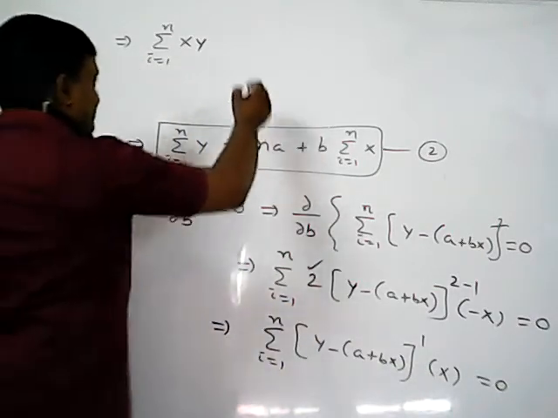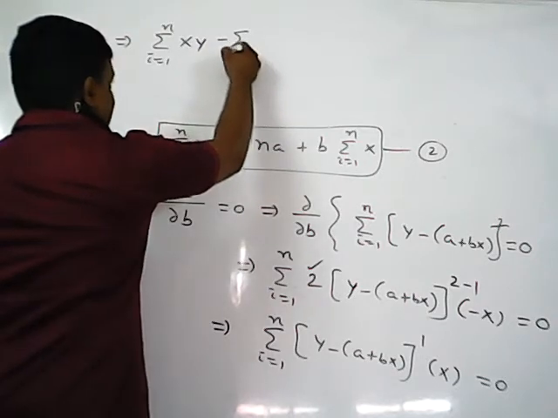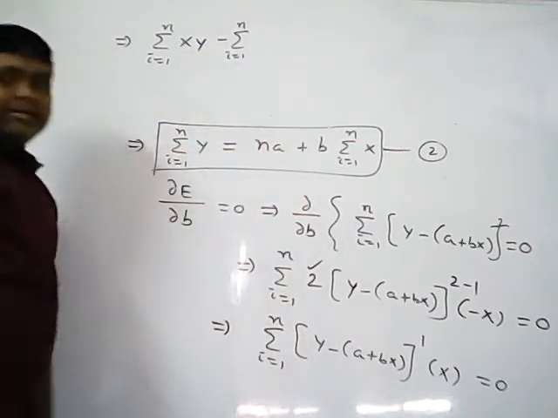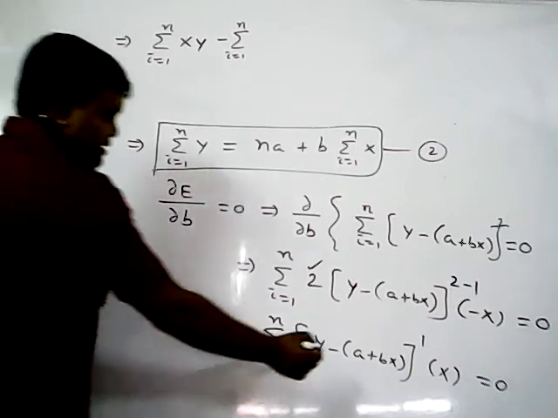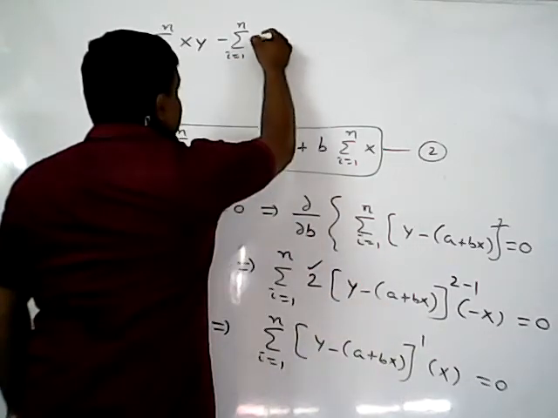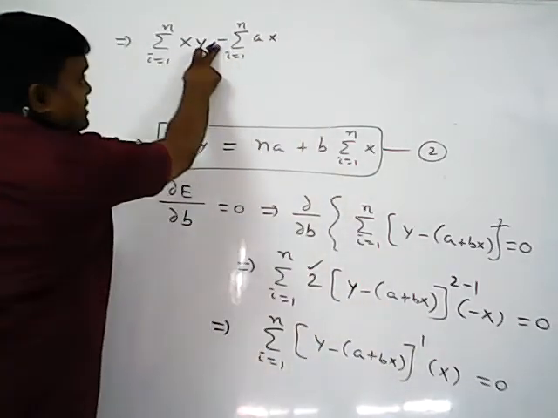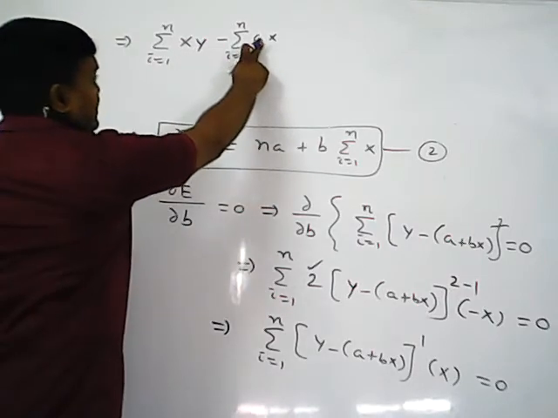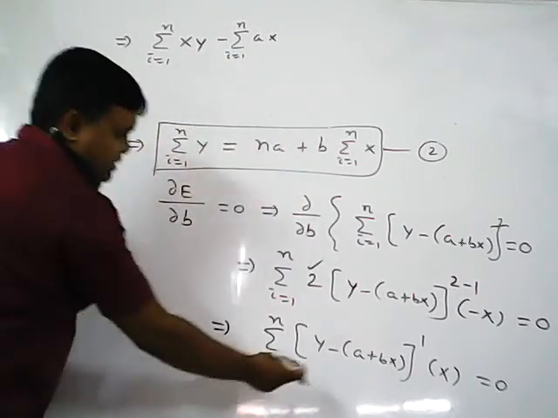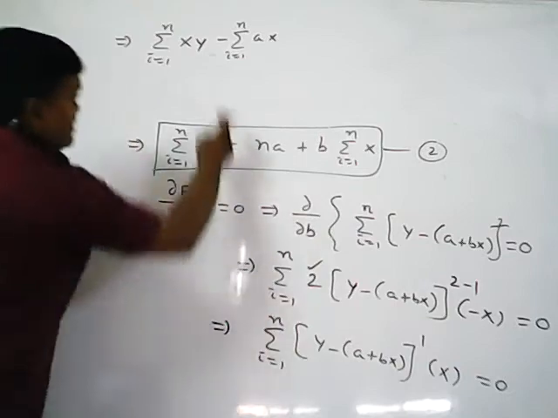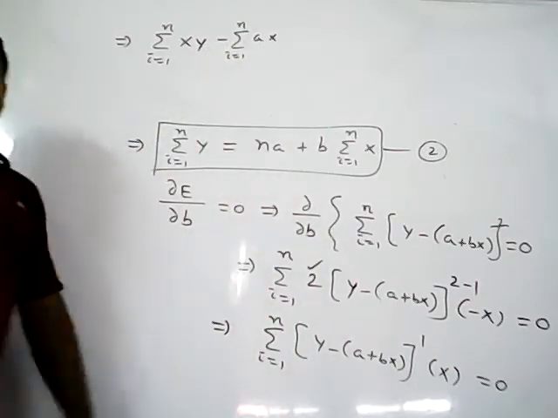What is the next term? Minus summation i equal to 1 to n, this a into x. Already minus a means here I am getting minus, so minus a into x into summation, that means minus summation ax.